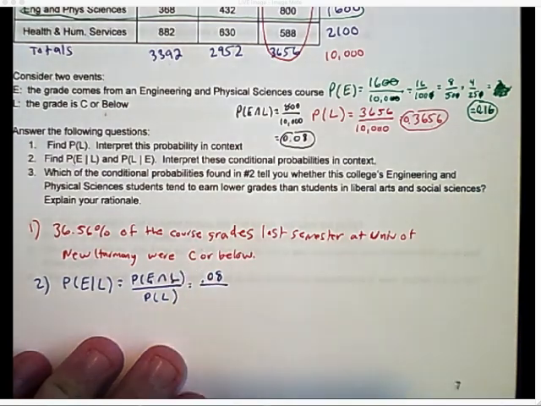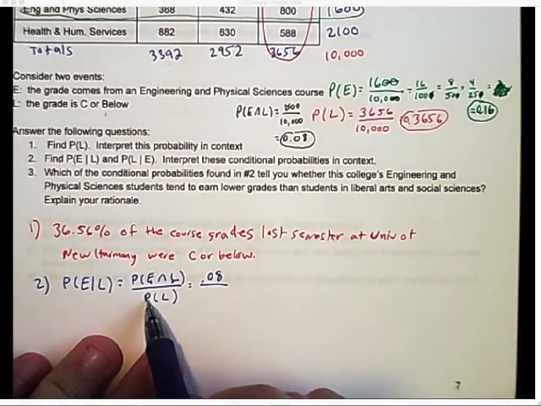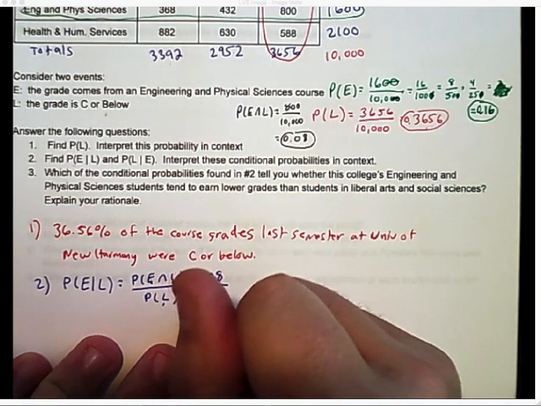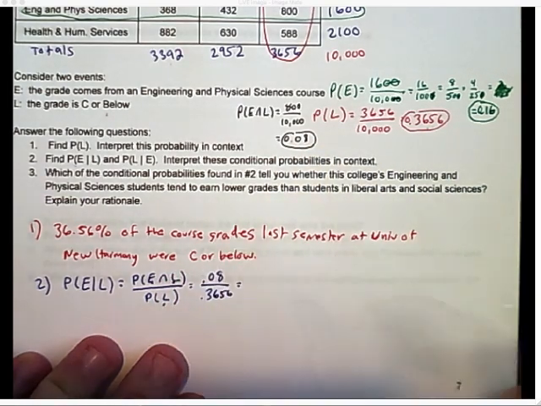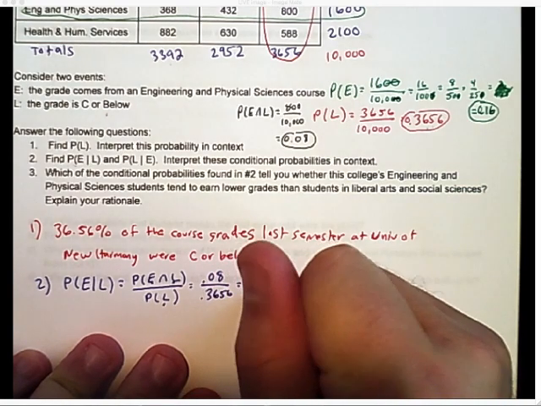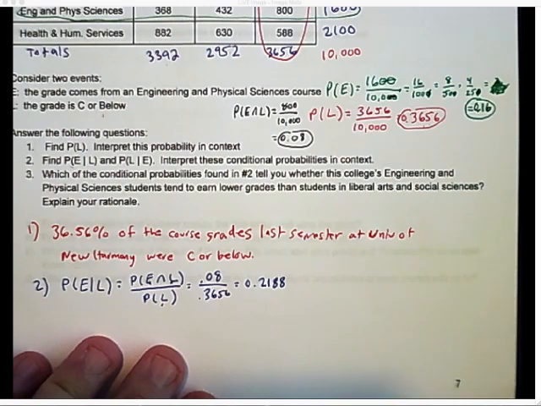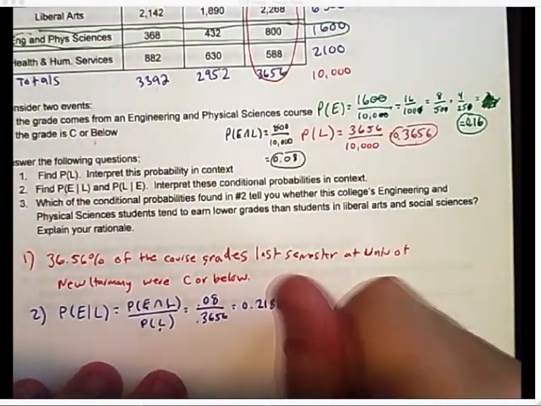So I take 0.08 over the probability of them getting a C or below, that's P of L here, that's 0.3656. And if I do that on my calculator, I get 0.08 divided by 0.3656. And that's going to give me 0.2188.